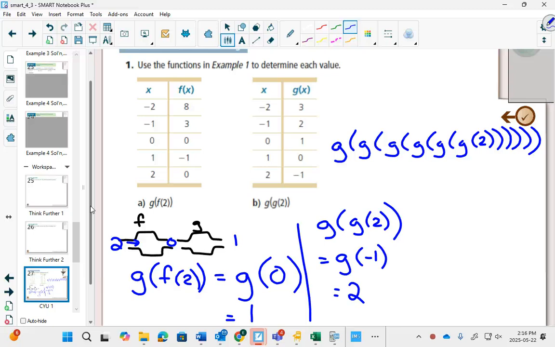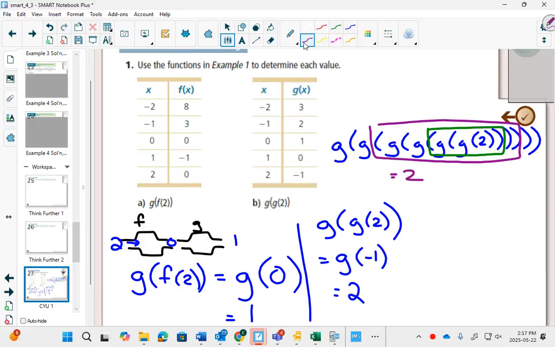So we already know this part. That's 2 again. And then if you have g of 2 again, that'd be 2 again. This whole thing's going to equal 2 again.